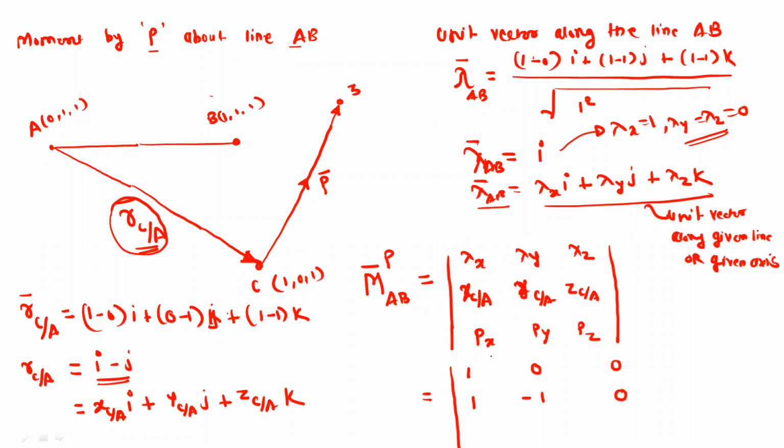And for the force vector, Px is 0, Py is 707.11, and Pz is minus 707.11. Okay. So solve this determinant and get the value for the moment by the force P about the line AB.